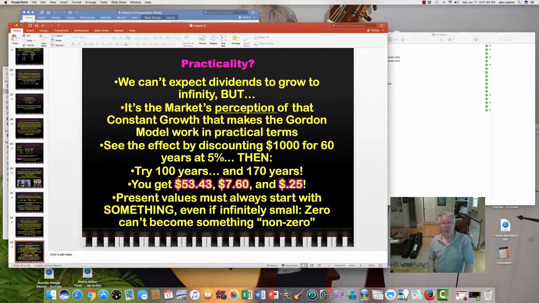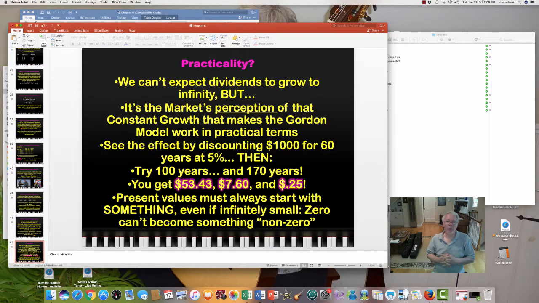All right, so to illustrate that, friends, I left you with a couple of little mind games here. We've dealt with practical math in this course because it is a practical course. Okay, so let's assume that you can discount $1,000 for 60 years. We haven't dealt with numbers quite that big yet. But 5%, $1,000, 60 years, how much do you need now?